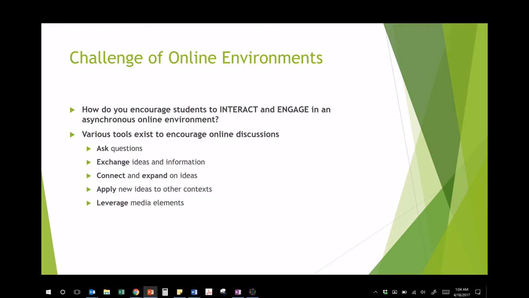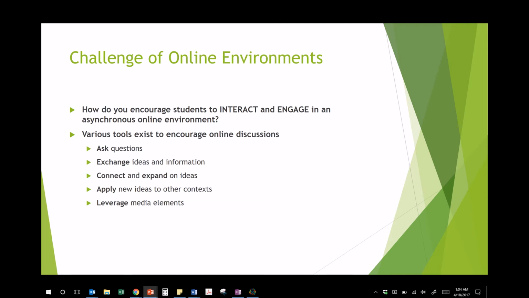The challenge in an online environment obviously becomes that because authentic learning is so dependent on interaction and application, online instructors have to find ways for their students to interact and engage in a way that can hopefully lead to greater authentic learning. There are a lot of tools that instructors use to try to encourage that.